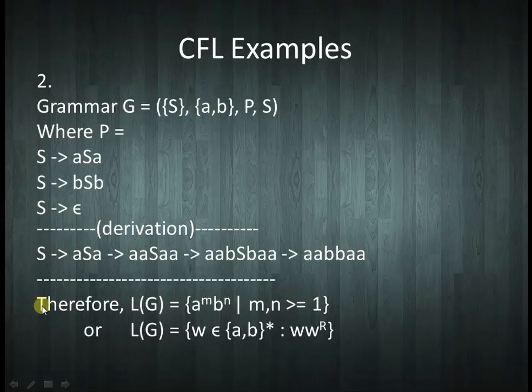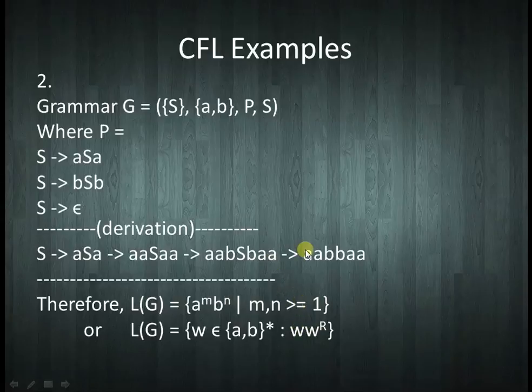Therefore, L(G) is equal to A raised to M, B raised to N, where M and N are greater than or equal to 1. Or L(G) accepts a string W with terminals A, B, and empty, where the number of A's is twice the number of B's.